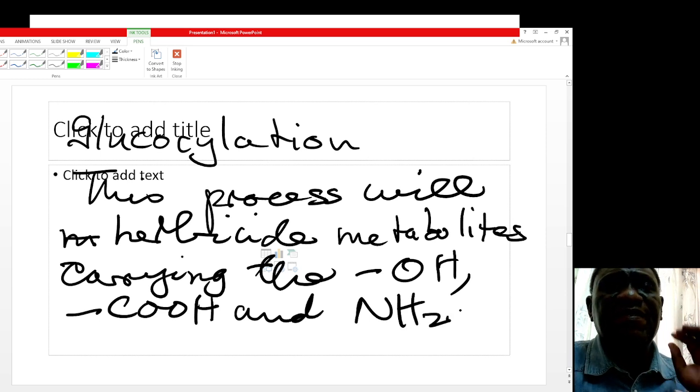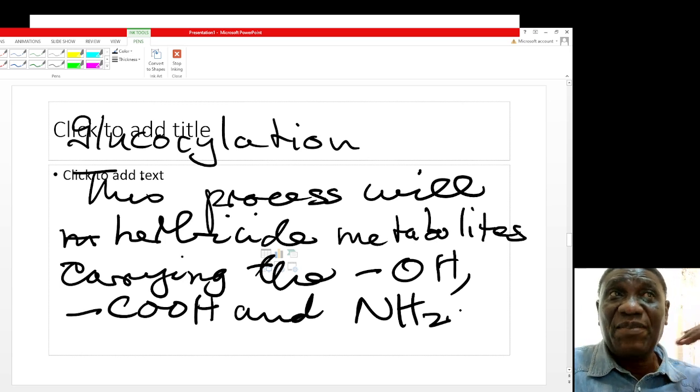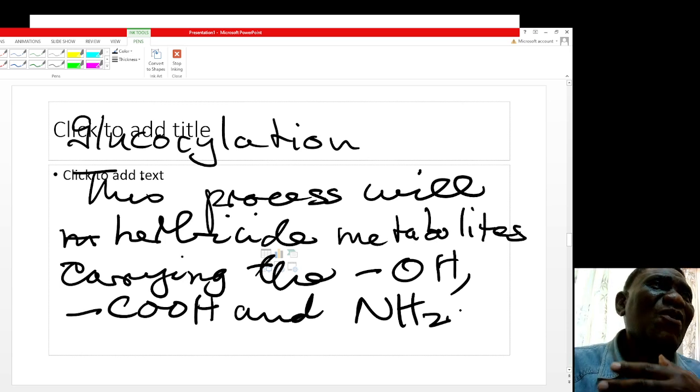So we now have everything: herbicide metabolites, we have got our sugar, which is involved.